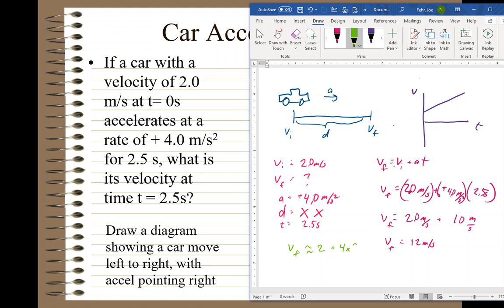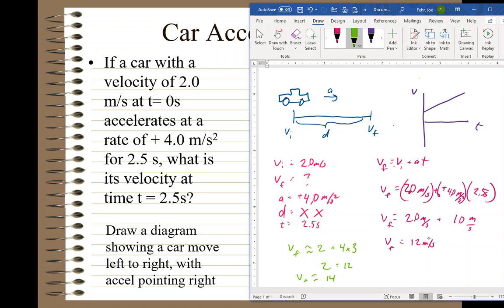I'm going to say 4 times 3. Okay, sure, 4 times 3 is 12 plus 2. So V final is approximately 14 meters per second. And yeah, that's practically the same as 12 meters per second. For an estimation purpose, this is good stuff.